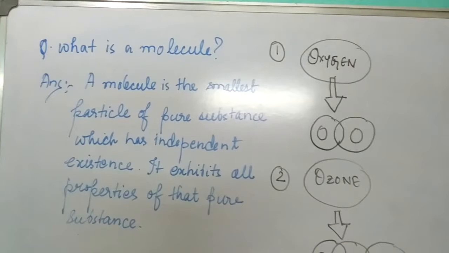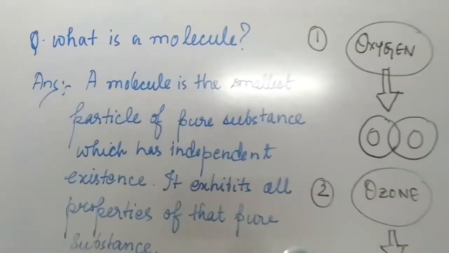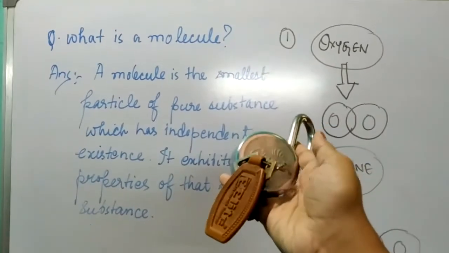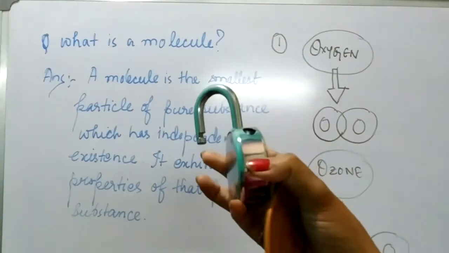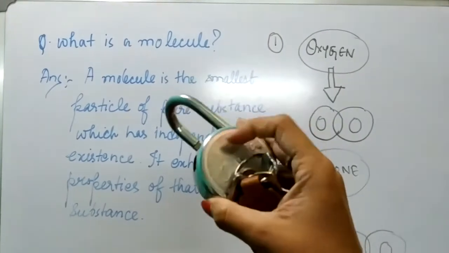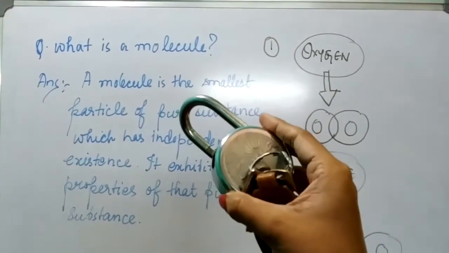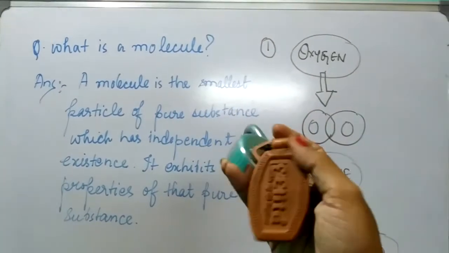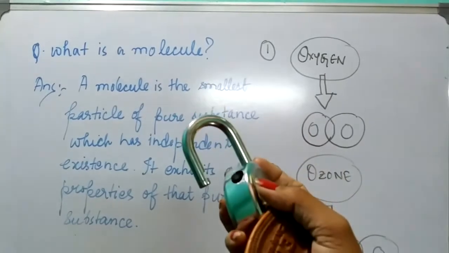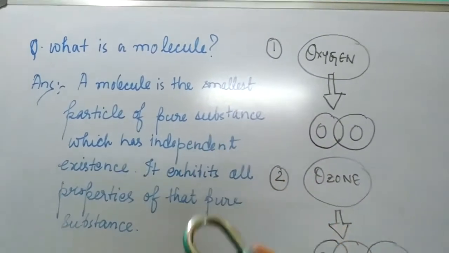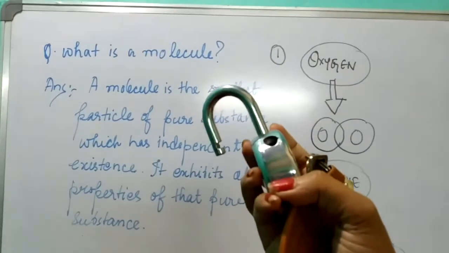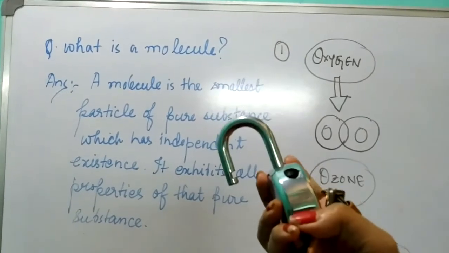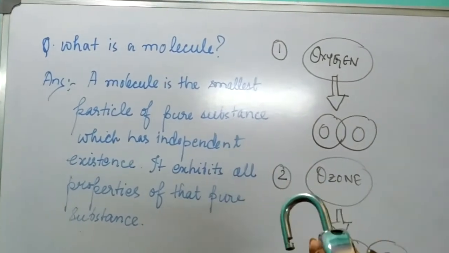Now, if you just look at this lock and key, what I said, they are not only made up of iron, but rather they are coated with zinc all around, as you all can see. Okay? And a few more substances. Now, when many elements are present together, it will no more be a pure substance.